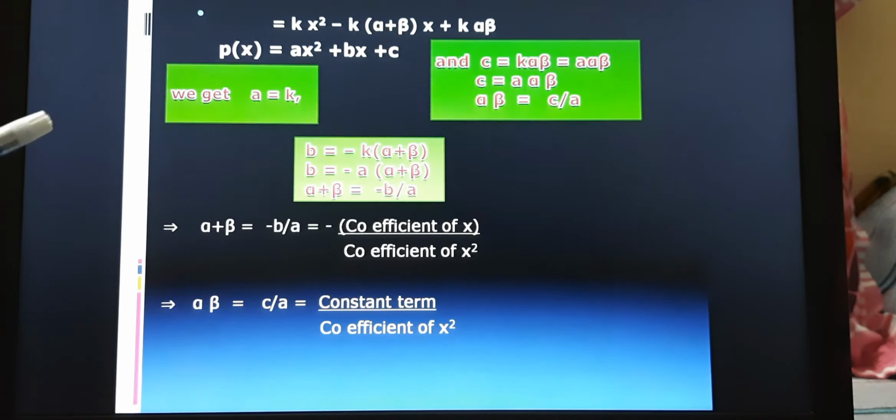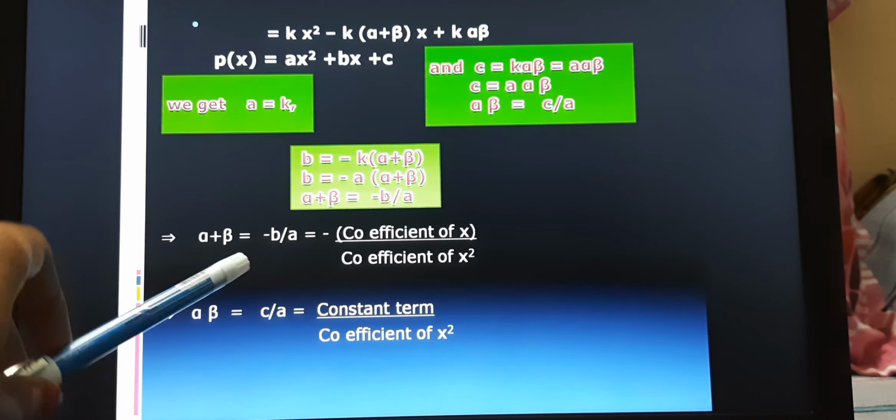You might be thinking, what is the alpha plus beta and alpha beta? I'll generalize in one second. Alpha, beta are what? They are zeros, right? So what I am doing here, I am adding them. So this is the sum of zeros.